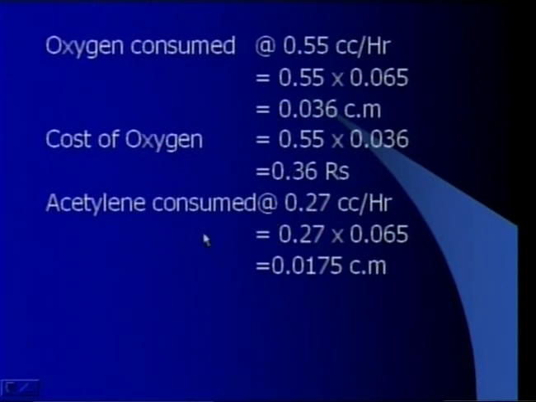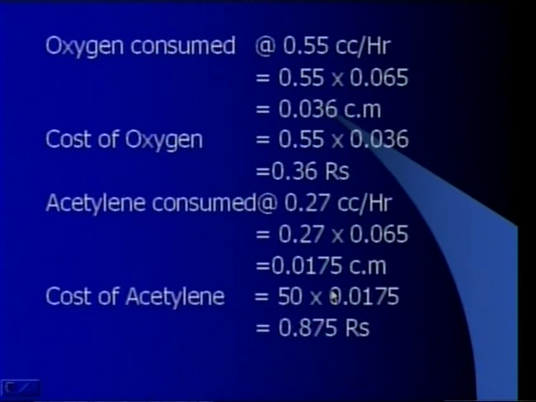Similarly, we calculate the acetylene consumption as 0.0175 cubic meters. After that, the cost of the acetylene gas is 0.87 rupees, by multiplying the consumption of acetylene gas with its cost per unit kg.